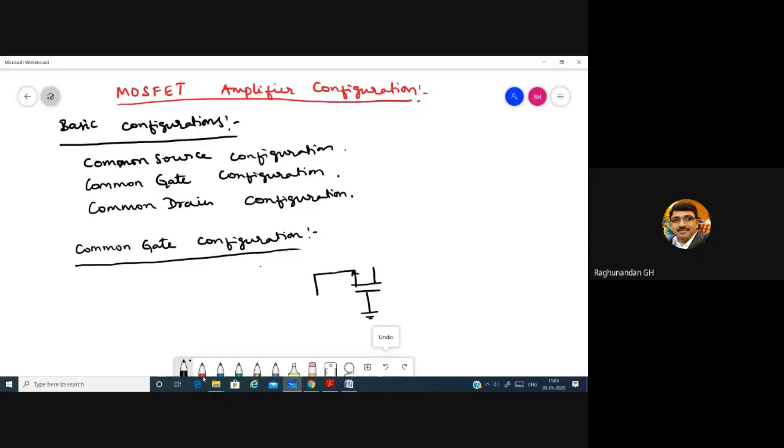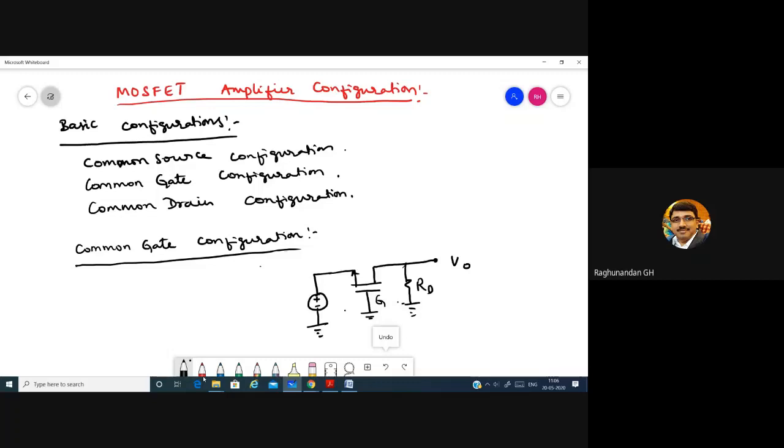So this is the input we are having. Here we take the output and we have RD, the external drain resistance. So here the gate terminal is common for input and the output. So the name common gate configuration.